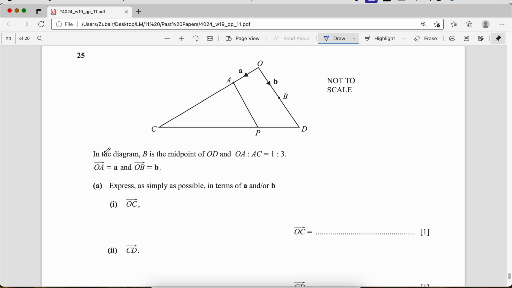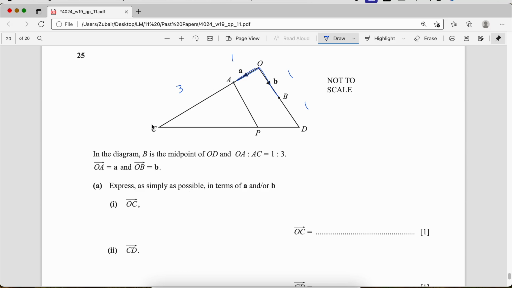Vectors. In the diagram, B is the midpoint of OD, that's midpoint, 1 ratio 1. OA ratio AC is 1 ratio 3. OA is just a, OB is just b. Express OC as simply as possible in terms of a and b.